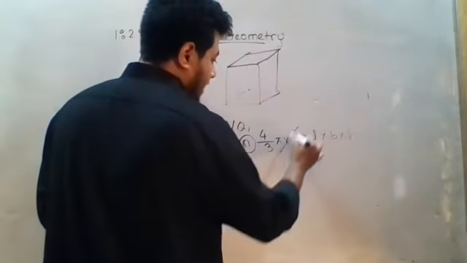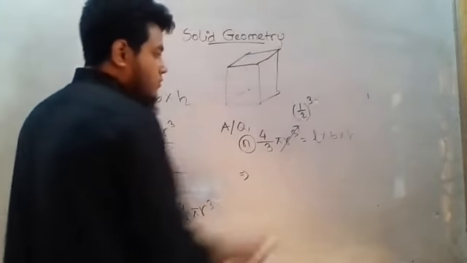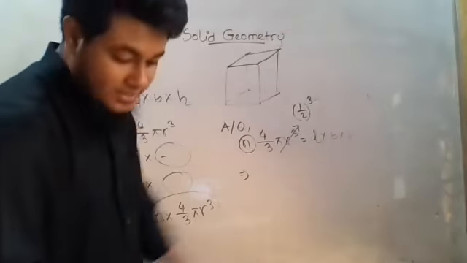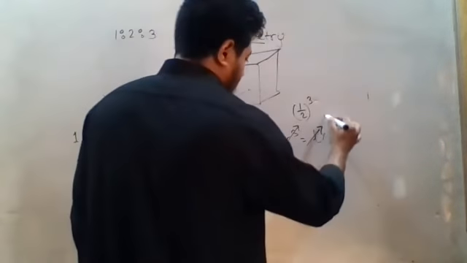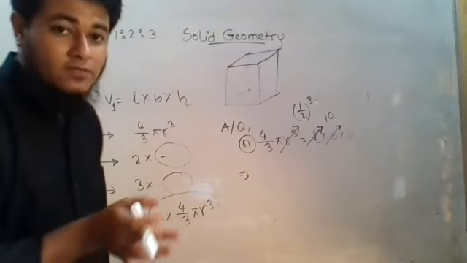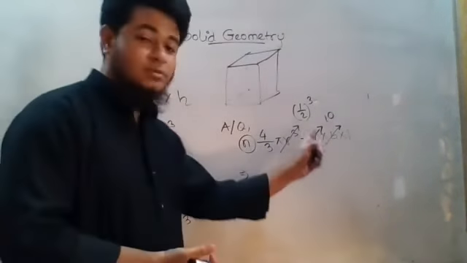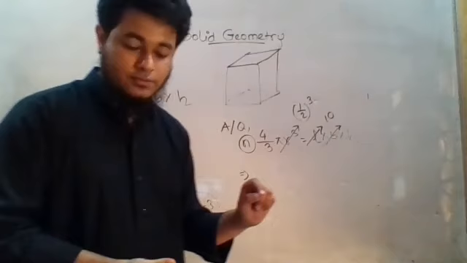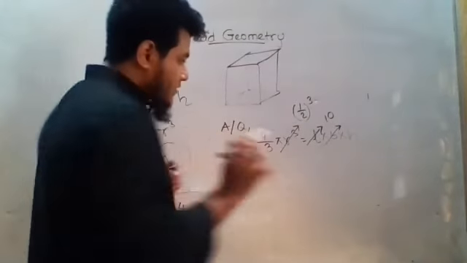Here the value of r is given as 1 by 2. So r cube will be 1 by 2 cube. What is the length? Length is given 10. While putting the value, you need to be very careful that all of the values are in the same unit or not. If it is in centimeter, everything must be in centimeter. I can see that all are in centimeters, so we have nothing to worry about.